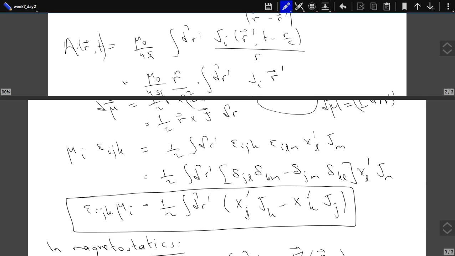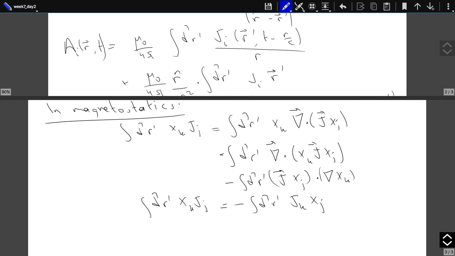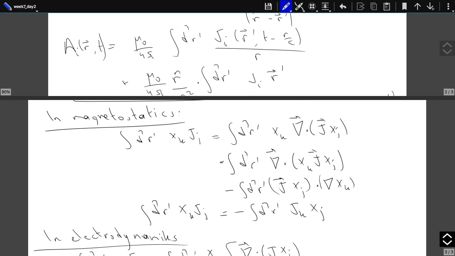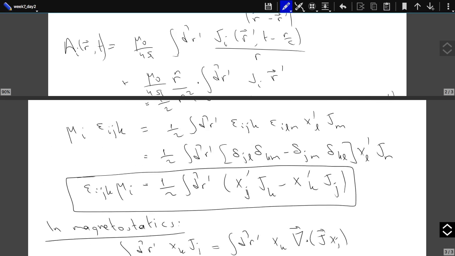Now let's correct this result we have over here. ∫d³r′ x_k j_j is equal to ∫d³r′ x_k, divergence of j x_j. It is this term just like we had in magnetostatics, but now we have this additional contribution.